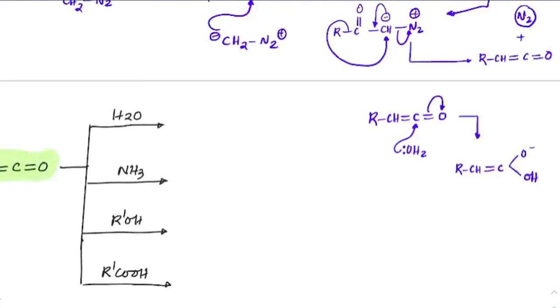This O minus will take away this H plus and it will become RCH double bond C, OH and OH. Sir, can these two OH exist on the same carbon? No. If the bond angle is around 120 degrees, then it can exist. Got it?